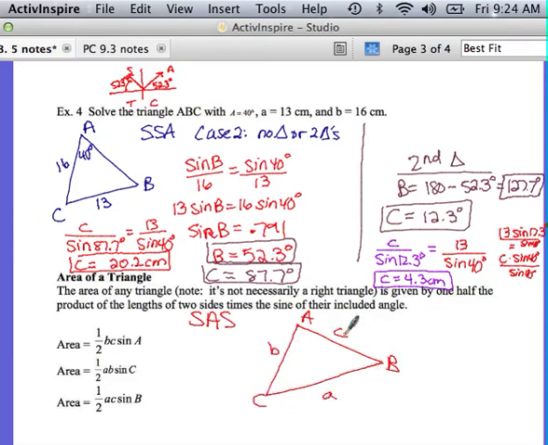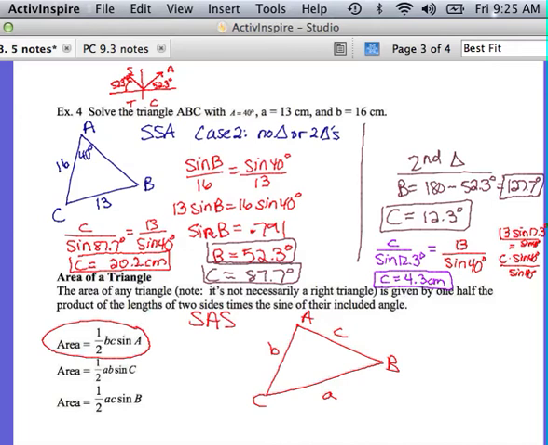And what we're saying is, if you have side B and C and angle A, you can use the first row. Again, if you have side B, C, and the angle in between, that's side, angle, side, you would use the first one. And if you had side AB and angle C, you would use the second one. And if you had side AC and angle B, you would use the third one.